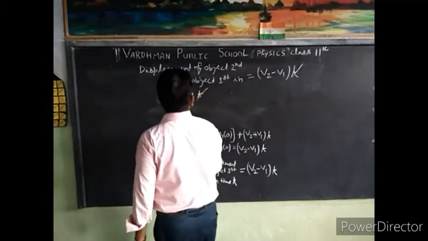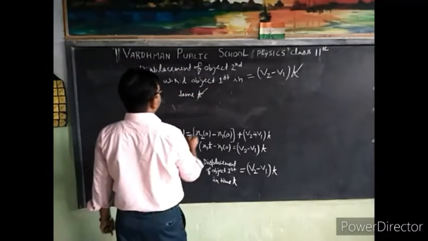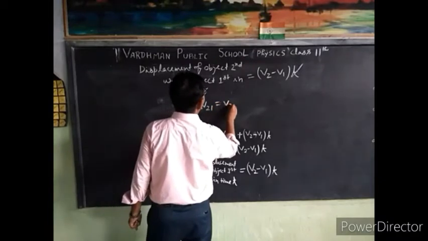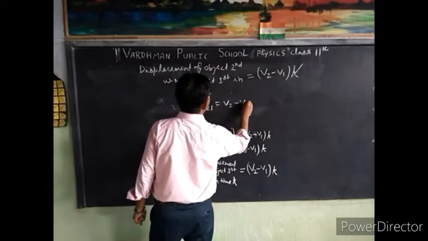The time cancels, and we can write v21 equal to v2 minus v1.